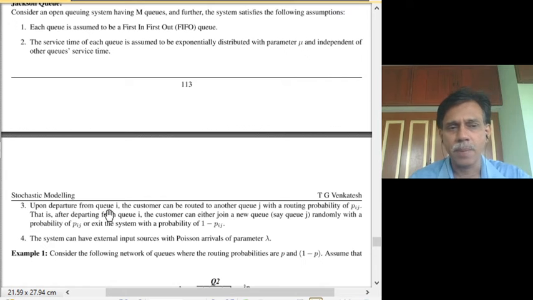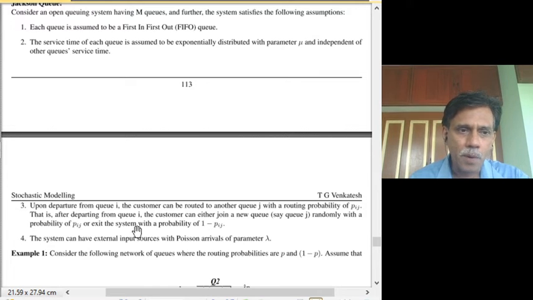Upon departure from a particular queue i, the customer can be routed to another queue, say j, with a routing probability P_ij. So from each queue there is a finite probability with which a customer goes to some other queue j, which may also include i, or they can depart from the queuing system.